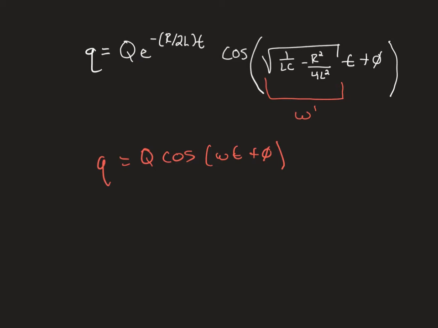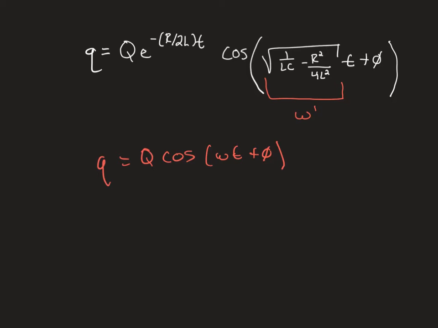And what that exponential term does, and it's a minus sign there, so it's an exponential decay, is it essentially decays what the amplitude or maximum current or maximum charge will be as time progresses. So as t gets bigger, the exponential term gets bigger, and since it's a minus sign, you're dividing by a bigger number, and this maximum Q actually gets smaller.